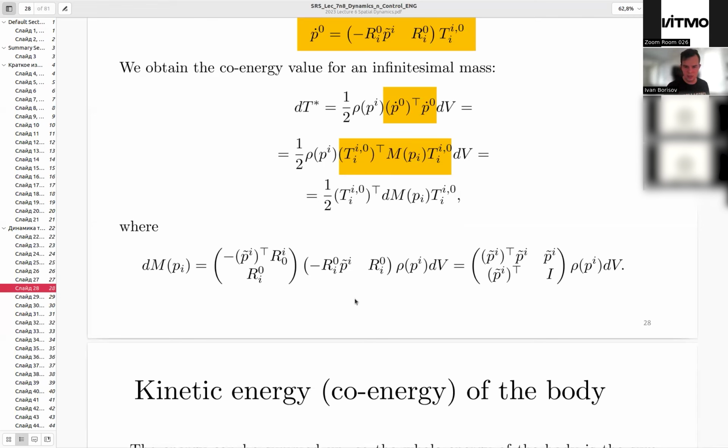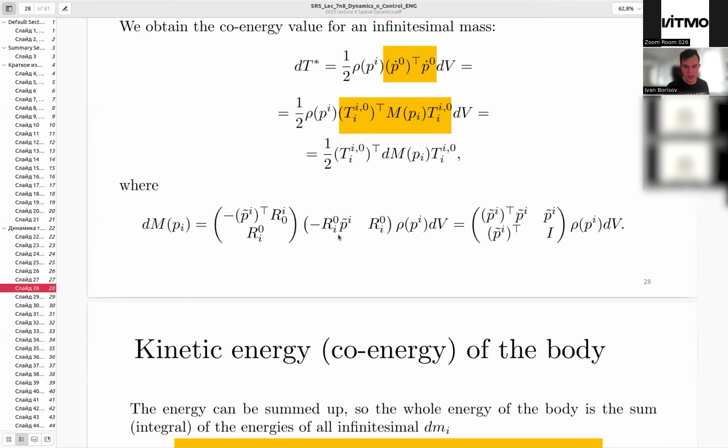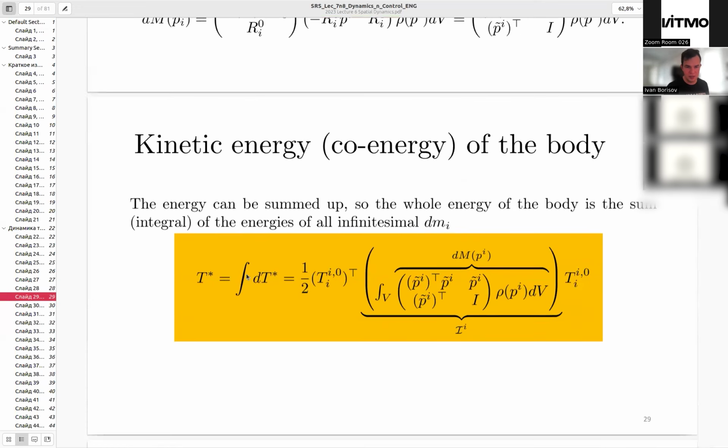And the dm is this nasty stuff. And then you can plug everything into the integral, and you finally will get that the kinetic energy of a body equals 1/2 twist transpose this nasty stuff times twist.